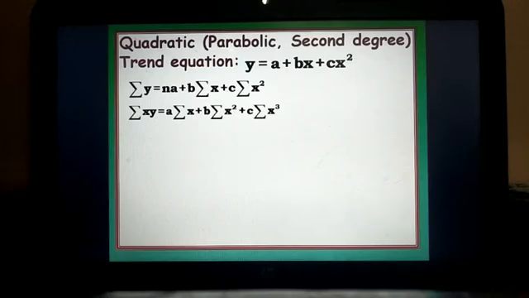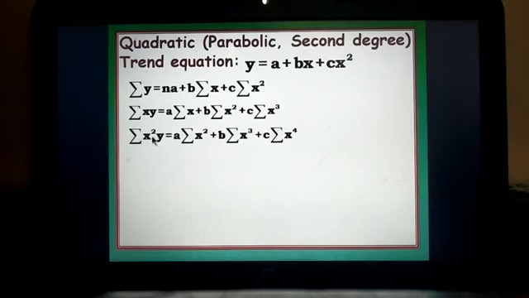And after that, how many constants are there here? A, B and C. Once three constants are there, we cannot calculate only with the help of two equations. That's why we need one more equation. So apply summation of x square to this particular equation. Earlier, to get the second normal equation, summation of x was applied. Now let us apply summation of x square.